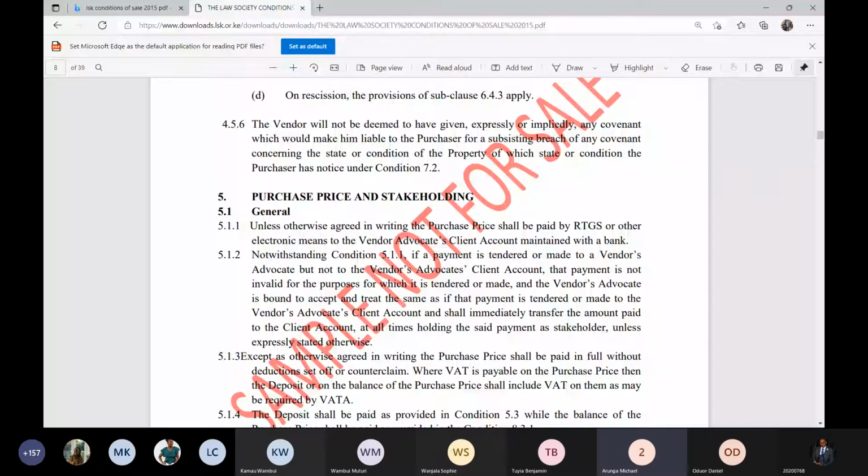So yes, these are some of the elements of capacity that we need to look at: duress, undue influence, the age, not a minor, obviously, and sanity. So just the free state of mind coupled with the age and capacity.